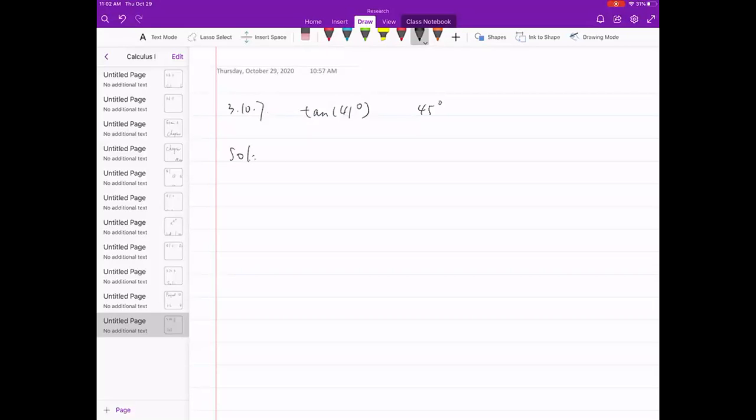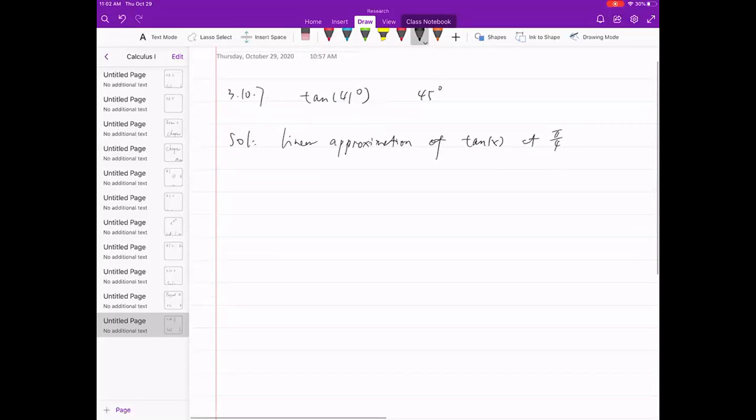I am going to use the linear approximation of tangent x at 45 degree. But when we do things like this, when we take the derivative and everything, we prefer radian. So let's do pi over 4. We need a point, pi over 4, tangent pi over 4, which is 1.